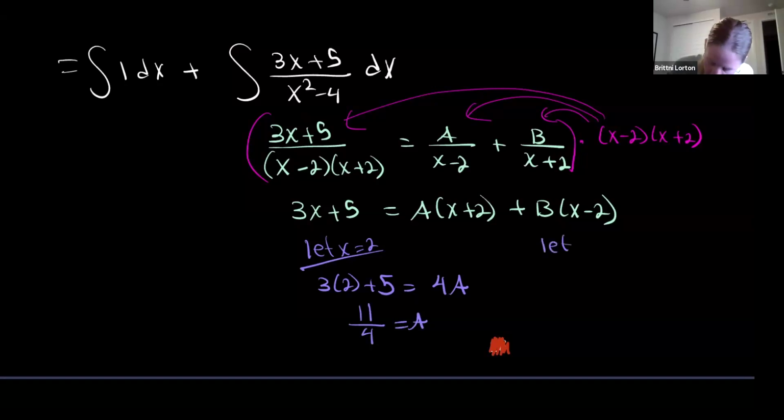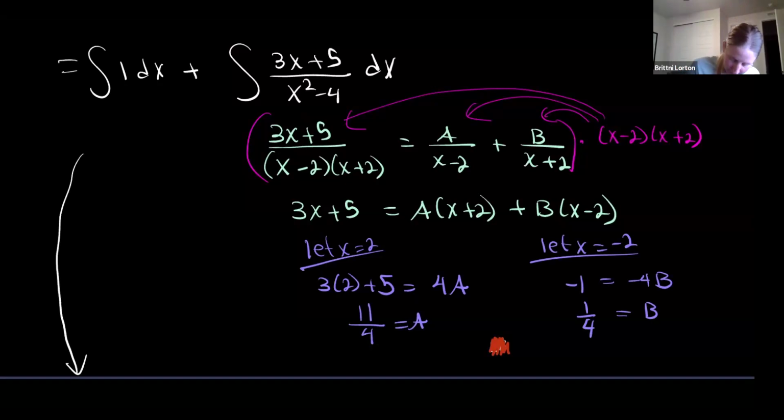Then I would try to let x equal -2, and I would end up with something very similar. I would get -1 is equal to -4B. So B was 1/4. So then this integral became the integral of 1 dx. Don't forget, I still have to come back to that integral.